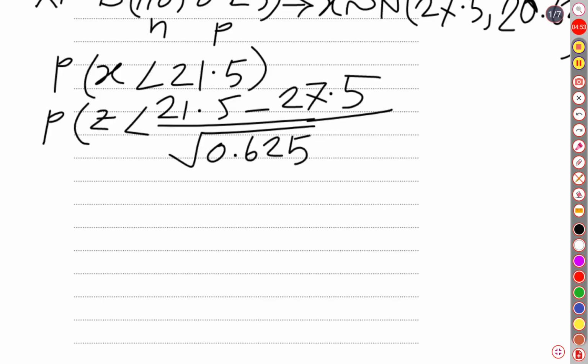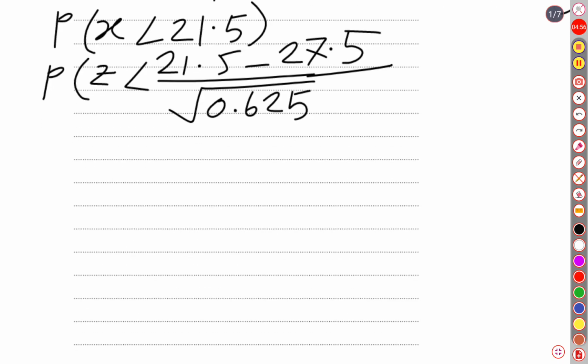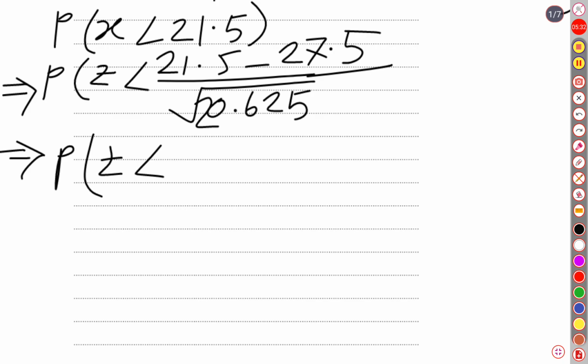Let's calculate this using the calculator, please do so. 21.5 minus 27.5 over the square root of 20.625. So it's getting negative 1.32.